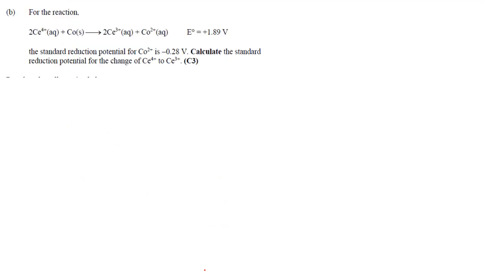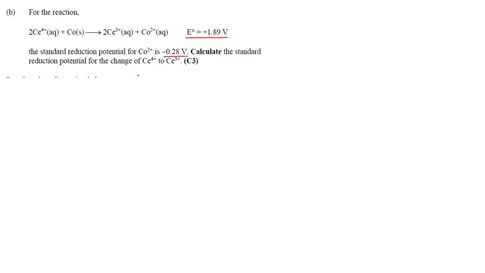Okay, alright. Okay, this one, dia bagi overall equation macam ni lah. Okay, alright. So kita ada Ce and cobalt lah. Okay, so dia dah bagi E0 cell value tu. So dia cakap the standard reduction potential untuk cobalt, okay, adalah negative 0.28.